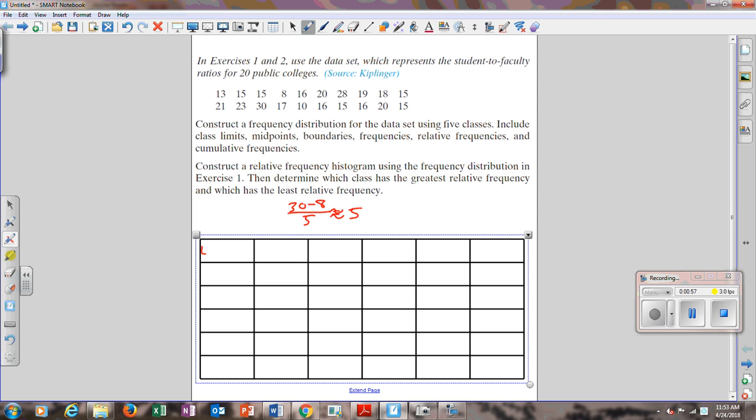Okay, then we have the limits, midpoints, boundaries, frequencies, relative frequencies, and cumulative frequencies.